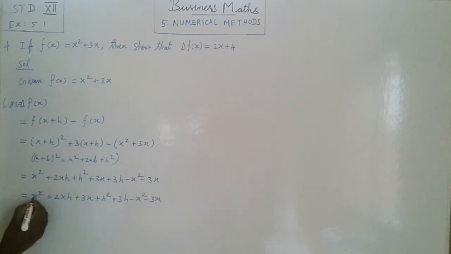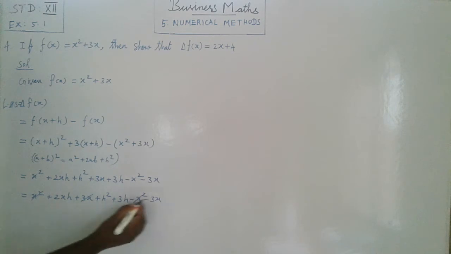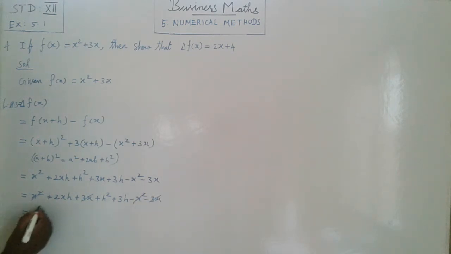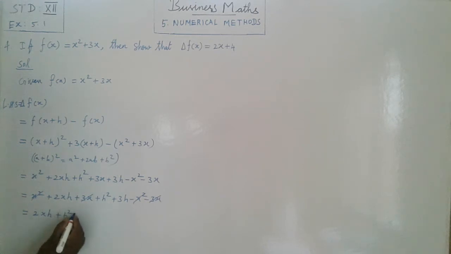So here x square minus x square cancel, 3x minus 3x cancel. What is the remaining? 2xh plus h square plus 3h.